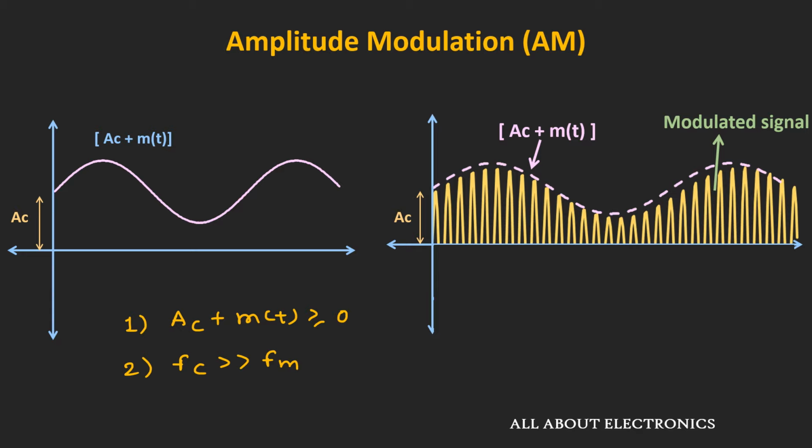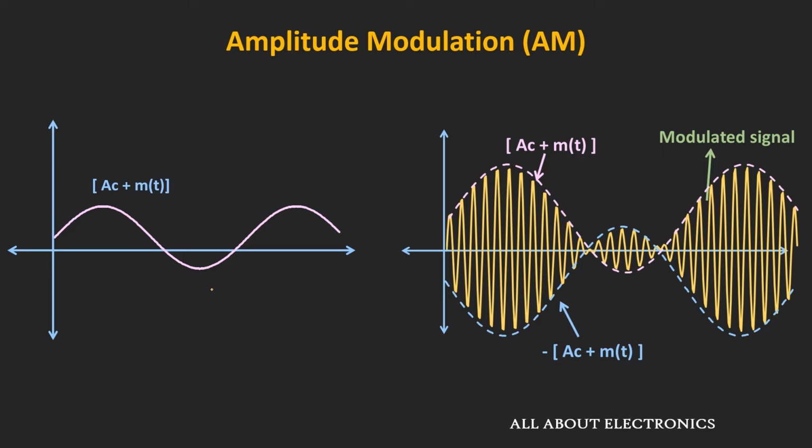But if Ac + m(t) is less than 0, then there will be a zero crossing, and because of that, there will be a phase reversal at every zero crossing. In this condition, if we try to recover the message signal using envelope detection, we would get this kind of signal. And certainly this is not the message signal, right?